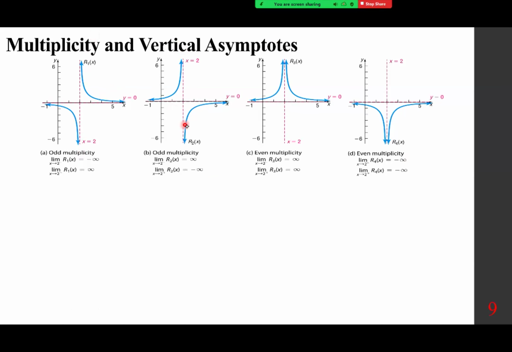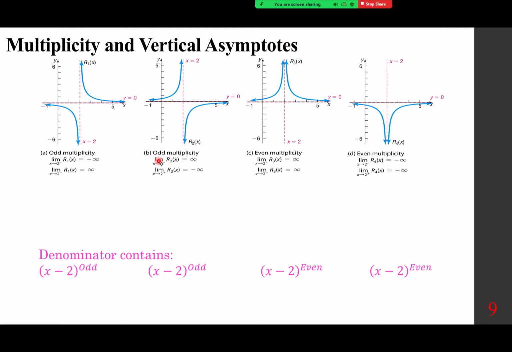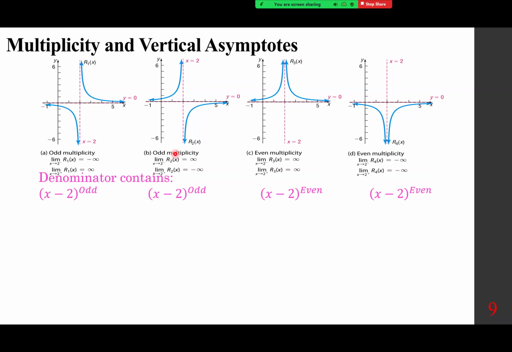This one is vice versa, and in this one, from the left and right, both go to infinity. In this case, both go to negative infinity. So x equals 2 is a vertical asymptote in all cases. This one has odd multiplicity, and so does this one, which means the denominator is x minus 2 to an odd power, maybe just x minus 2.